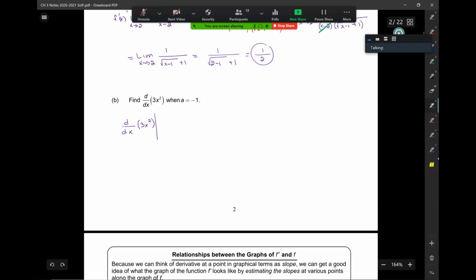So what you do is you put a vertical bar and you say x equals negative 1. And again, that crazy little notation, that's agreed upon by math folk, that's the derivative of 3x squared at x equals negative 1. Okay? Does it matter if it's a or x? It does matter. It must be x because all of the variables in here now are x's. So this should also be an x.